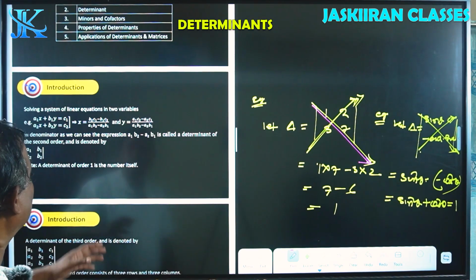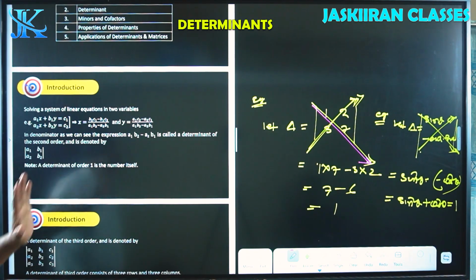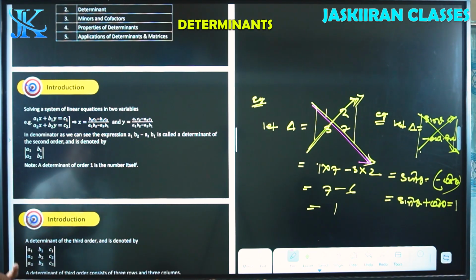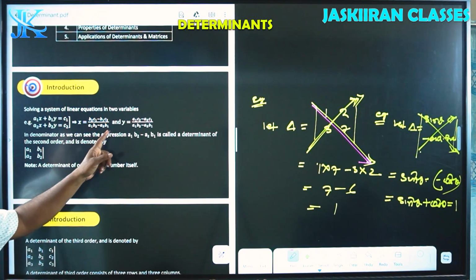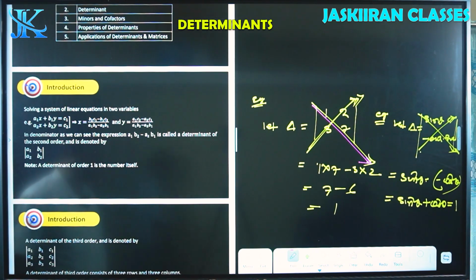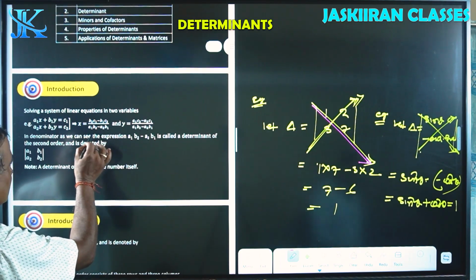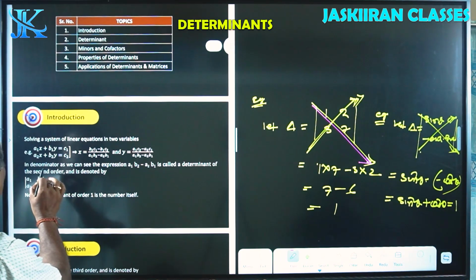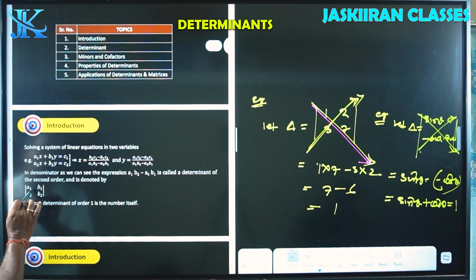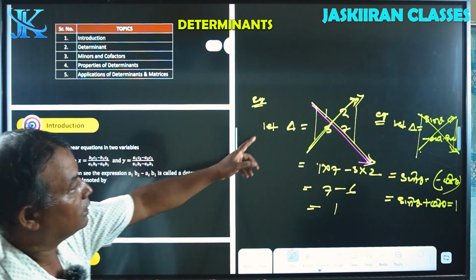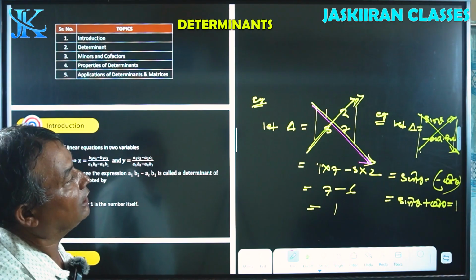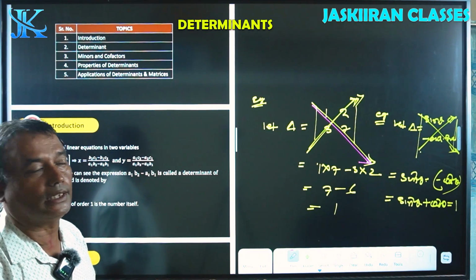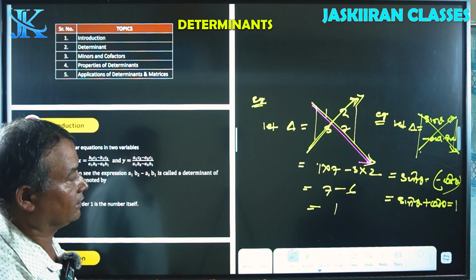Because it is derived from a system of linear equations, where one of the conditions is that a1b2 minus a2b1 is not equal to 0. That condition is written in this way, so first the principal diagonal, then the secondary diagonal, and then we get the value of the second order determinant.